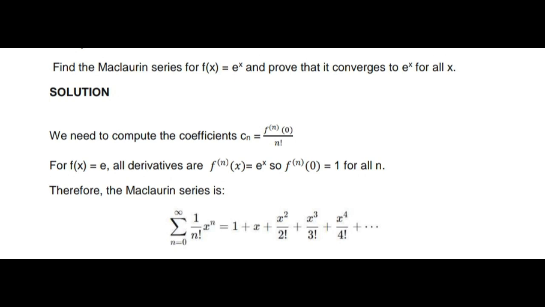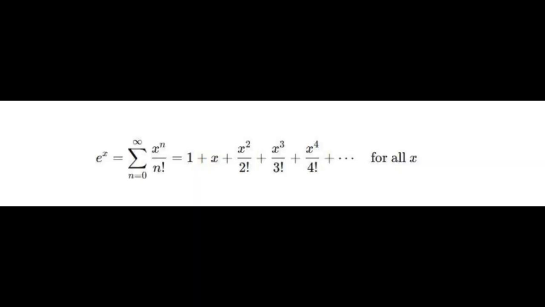Since the limit as n approaches infinity of the absolute value of x raised to n plus 1 over (n plus 1) factorial is equal to 0 for all x, we have the limit as n approaches infinity of R sub n of x equals 0 for all x. Therefore, the Maclaurin series converges to e raised to x for all real numbers.